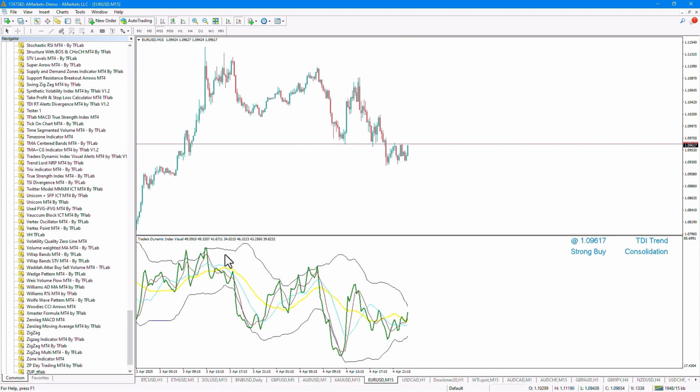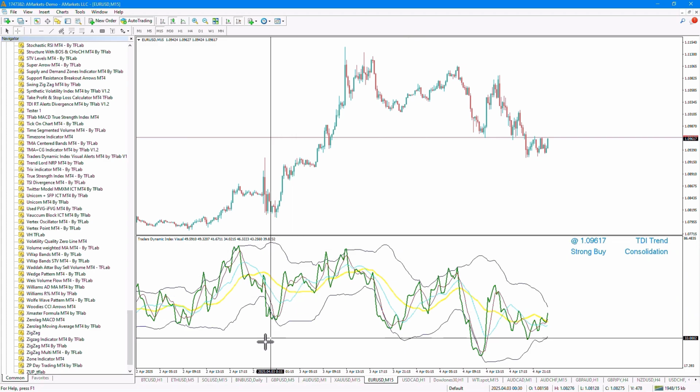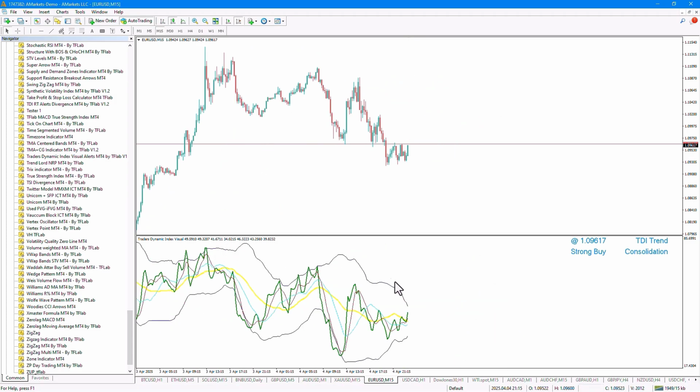Additionally, using the channel bands, we can identify upward and downward trends, which are displayed here for us. Here, we can observe the end of the upward trend, and after that, we entered a downward trend.